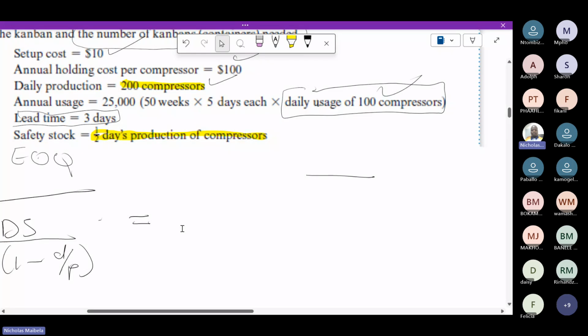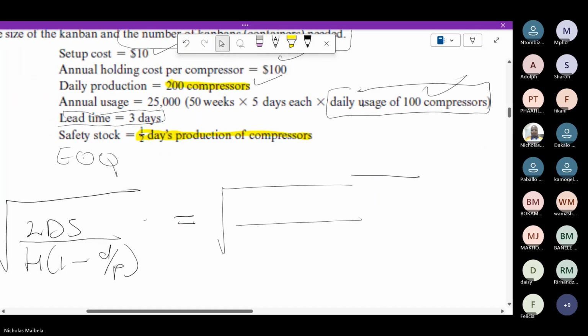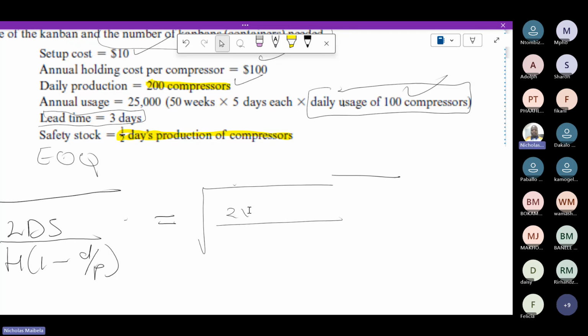So it's going to be 2 multiplied by the demand of 25,000 multiplied by the setup cost over holding cost of 100 multiplied by 1 minus 100 over 200.